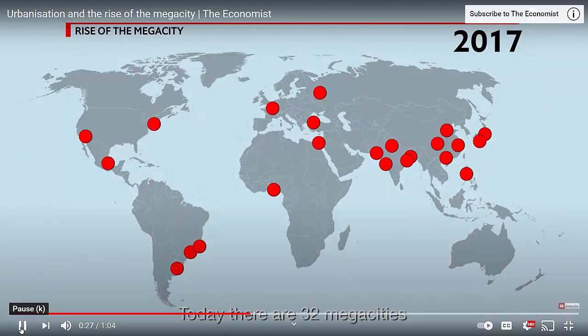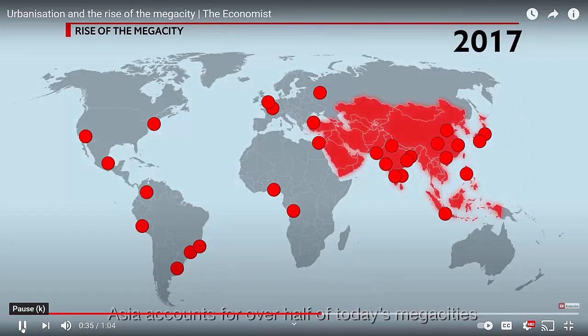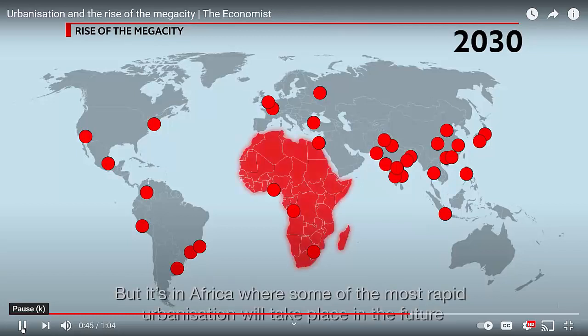Today, there are 32 megacities. Urbanization is happening faster than at any time in human history. Asia accounts for over half of today's megacities. By 2030, nearly 9% of the world's population will live in 41 megacities. But it's in Africa where some of the most rapid urbanization will take place in the future.